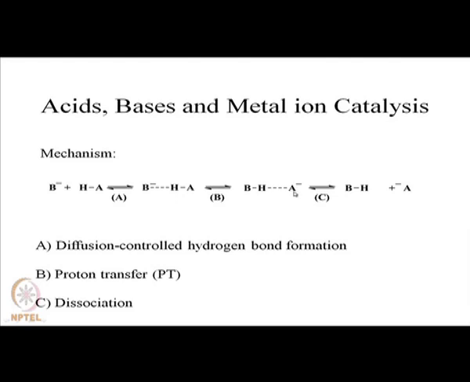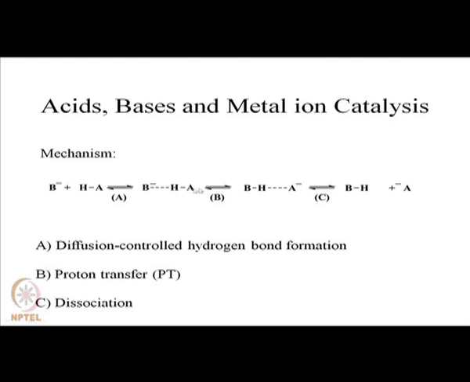dissociation, that is dissociation of the original HA bond. Now, diffusion controlled means that for the formation of this BHA complex, the interacting substrates should come close to each other, and this occurs by the process of diffusion inside the solvent.